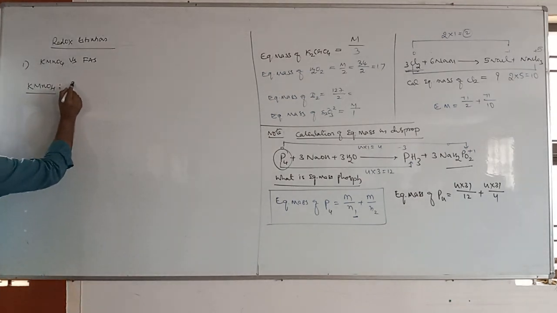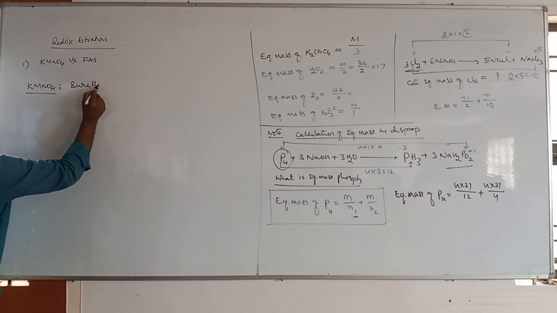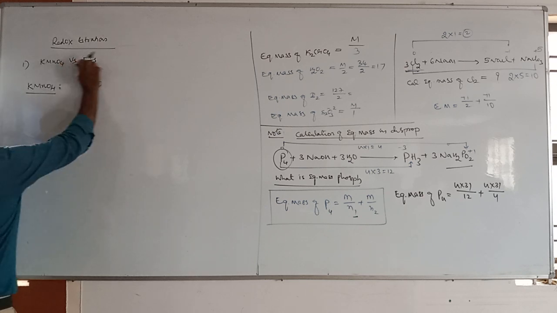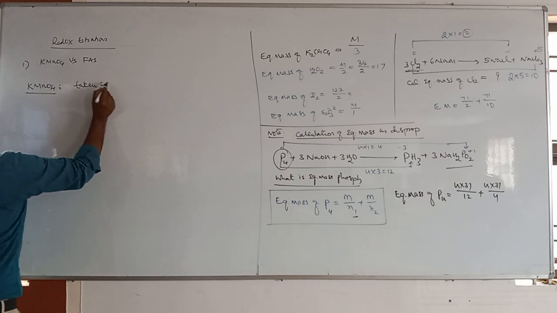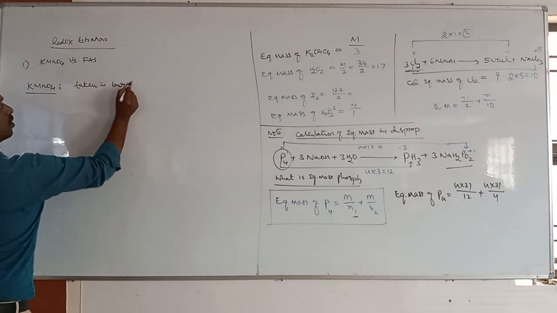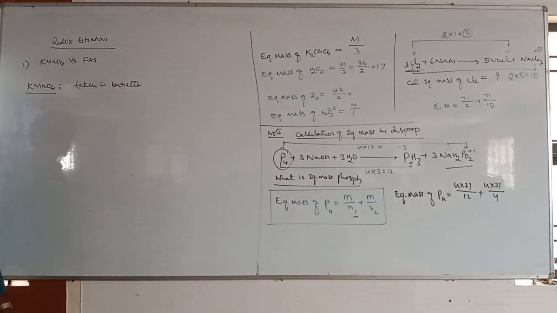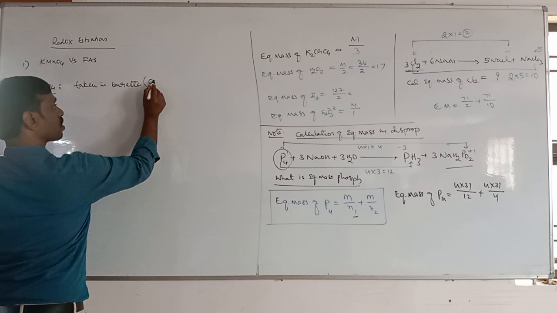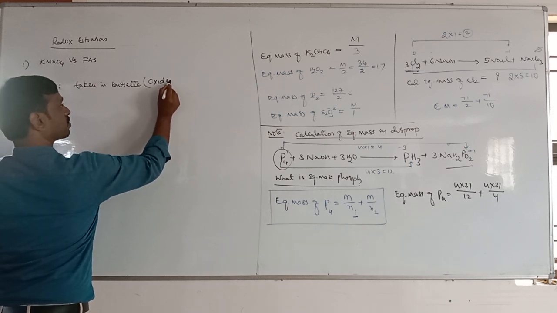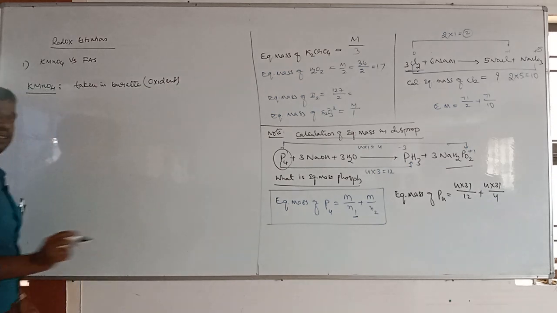It is taken in burette, yes, right? You write clearly. Take in short form only. Taken in burette and it is an oxidizing agent, that is an oxidant, oxidizing agent.